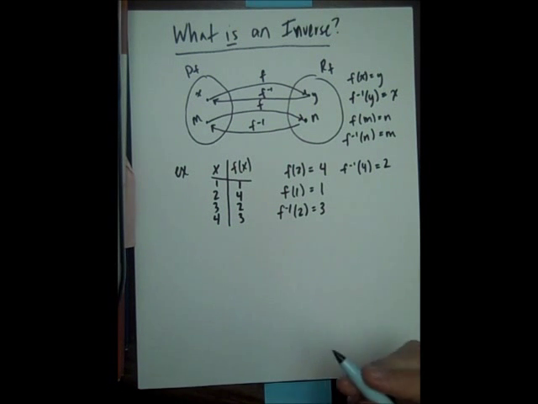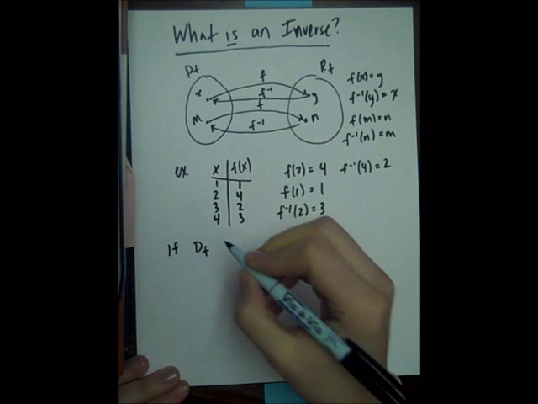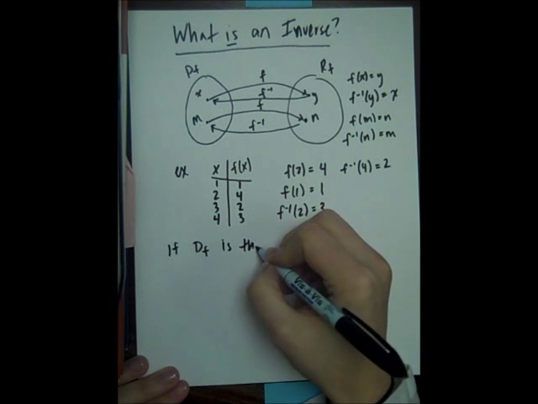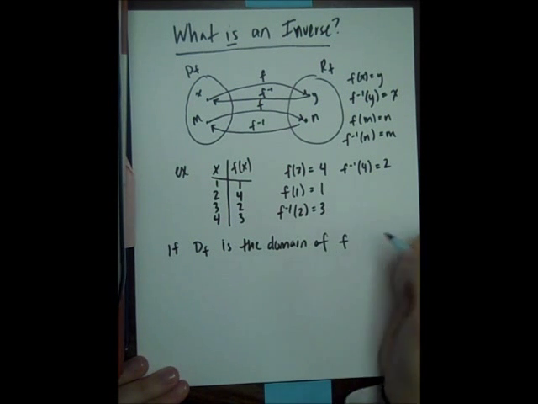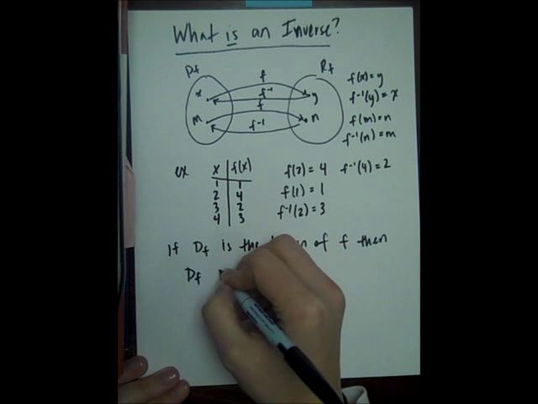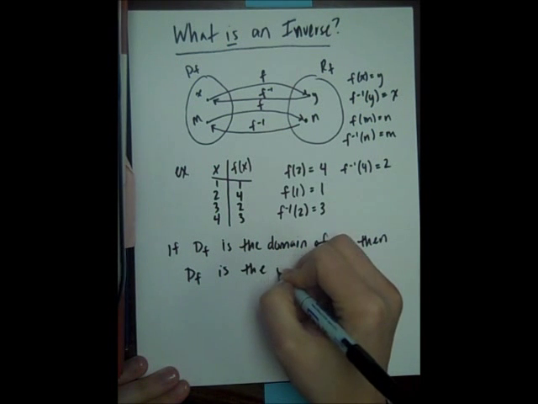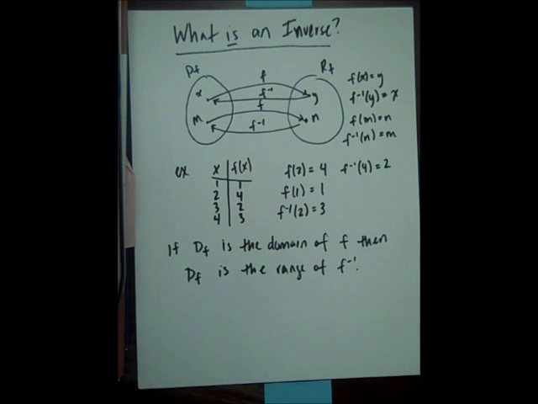As far as domain goes, if D sub f is the domain of f, then D sub f is the range of f inverse. So what does this mean? Go back up to our picture.